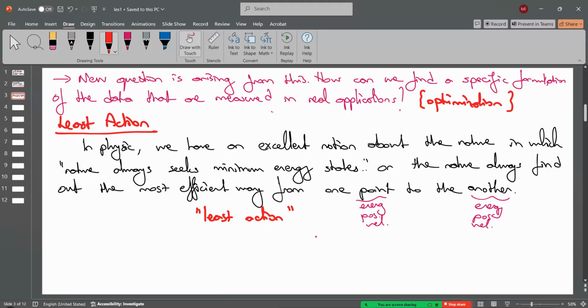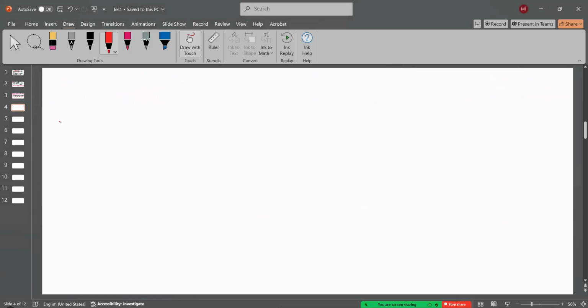But we know that the least action is applied in physics, in real life applications or in nature. And so how can we prove that the least action is the exact representation of how nature behaves? In order to do that, we need to give some problem formulations here.